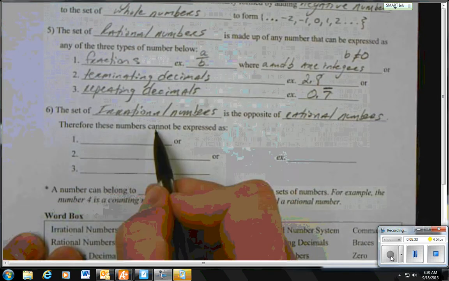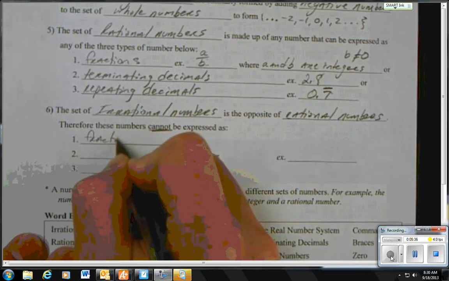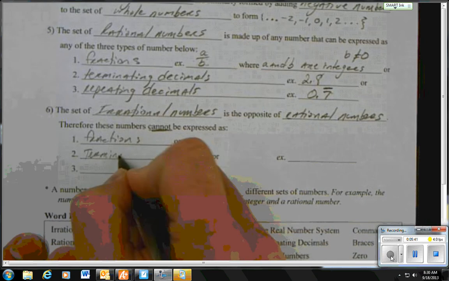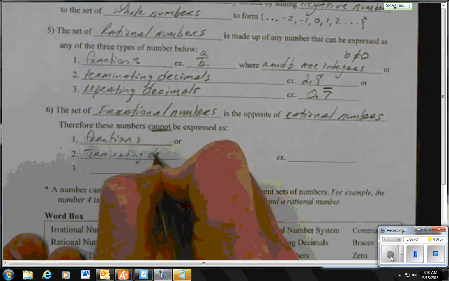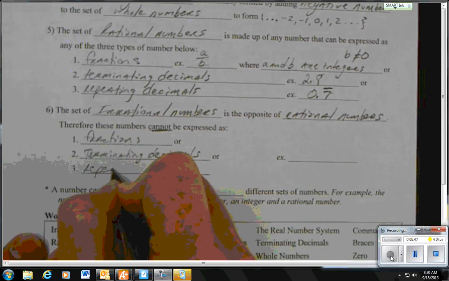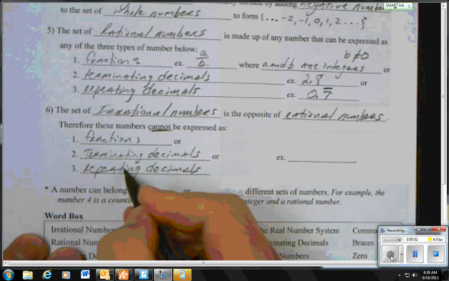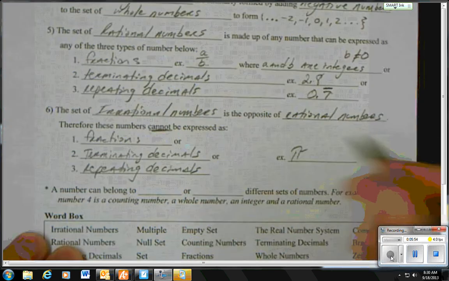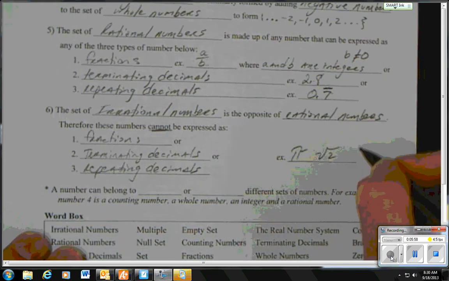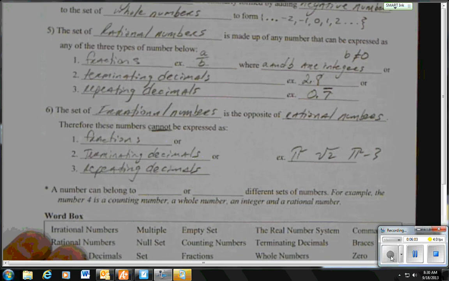So therefore, these numbers cannot be expressed as fractions, terminating decimals, or repeating decimals. So they cannot be written as any of those three. Examples would be pi, square root of 2, pi minus 3. Those are examples of irrational numbers.